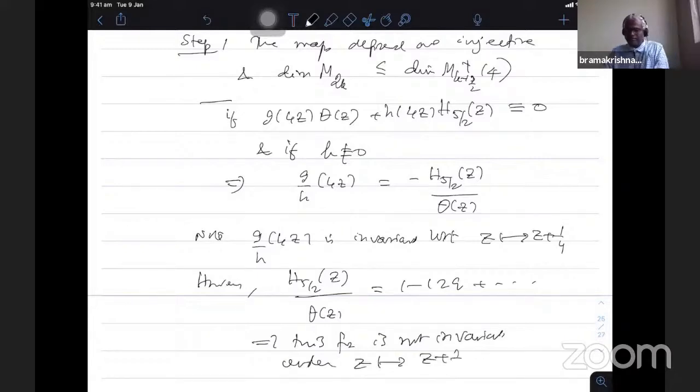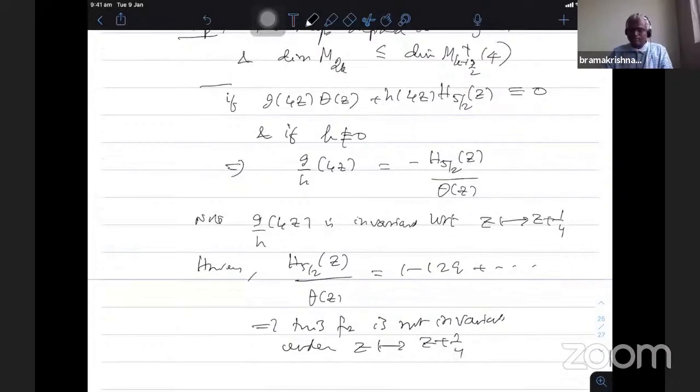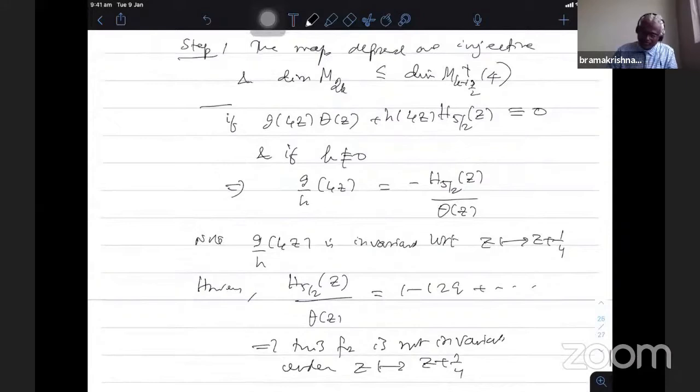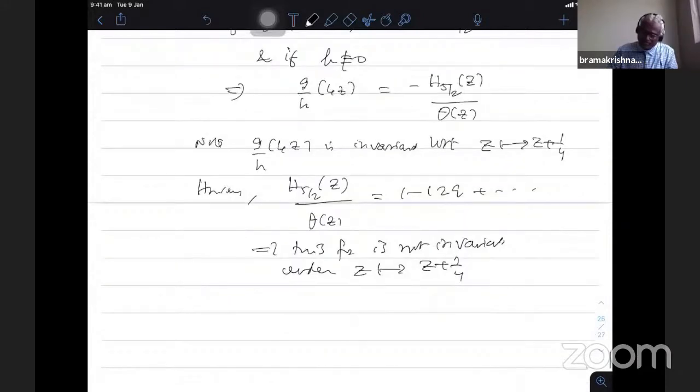Therefore, on one side I have an invariance, on the other side I don't have invariance. This is a contradiction because I assumed H is non-zero. This implies H is equal to 0, a contradiction.